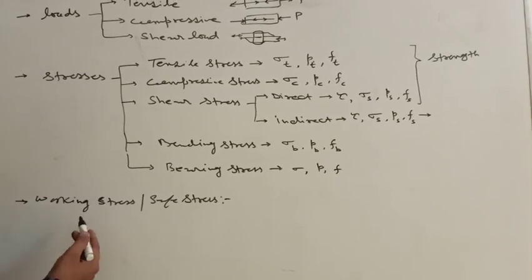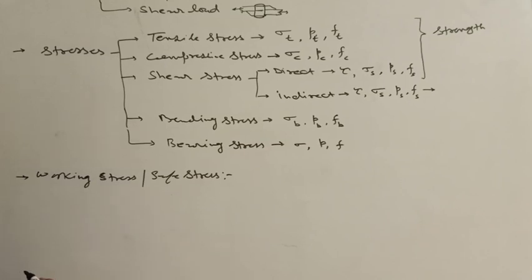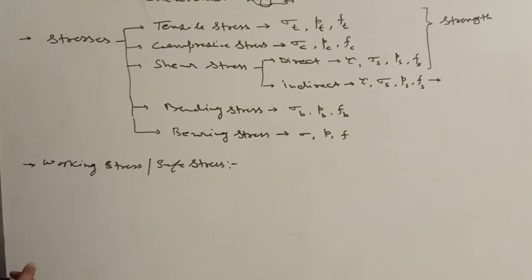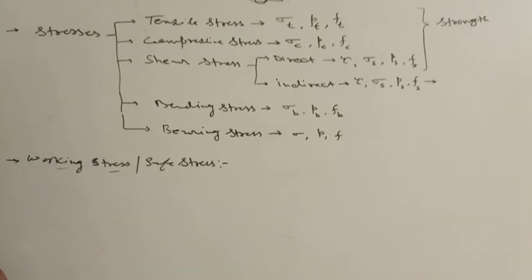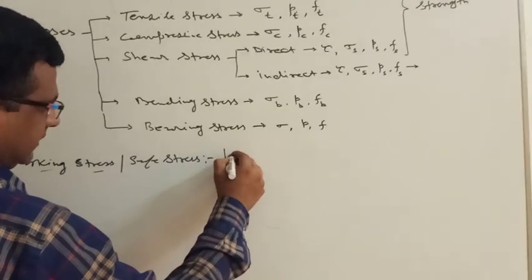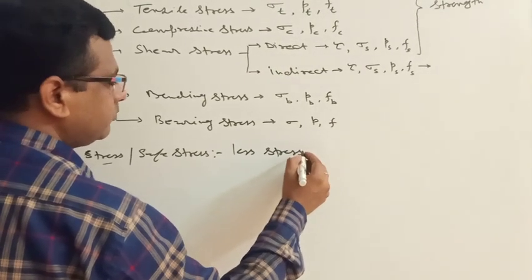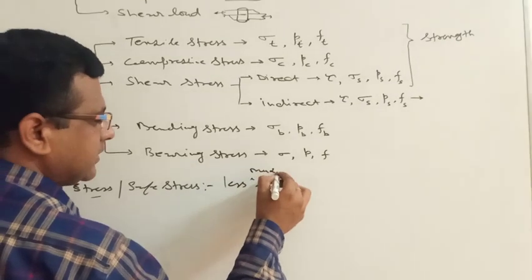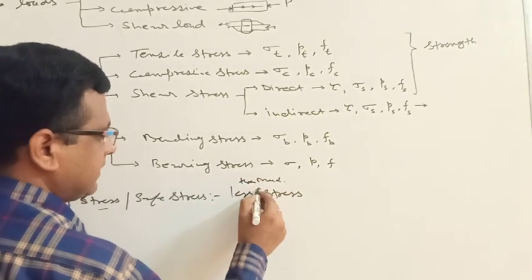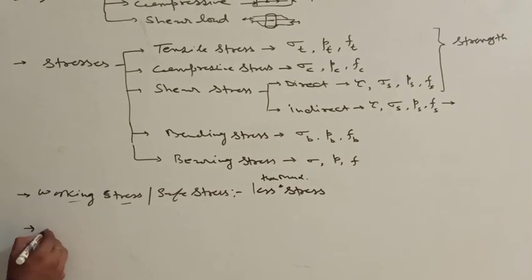It means the stress under which the material is safe, and we can say these are the working stress or safe stress. These stresses are less than the maximum stress.